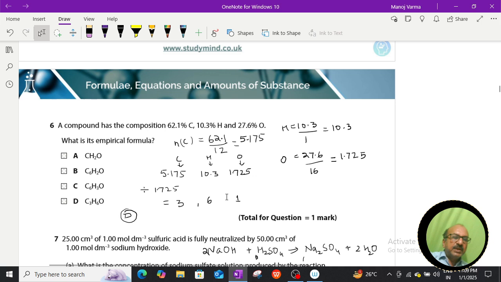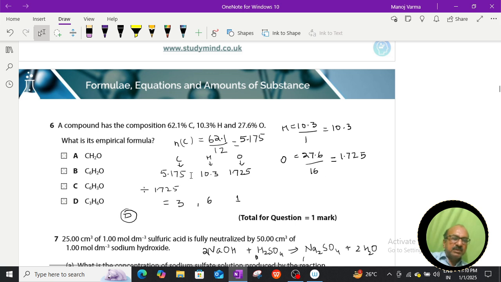Okay, now we go to the next question. A compound has the composition given, and what is the empirical formula? So simply divide the percentage by the relative atomic mass. So 62.1 for carbon divided by 12 is 5.175. 10.3 divided by 1 gives you 10.3. 27.6 divided by 16 gives you this.